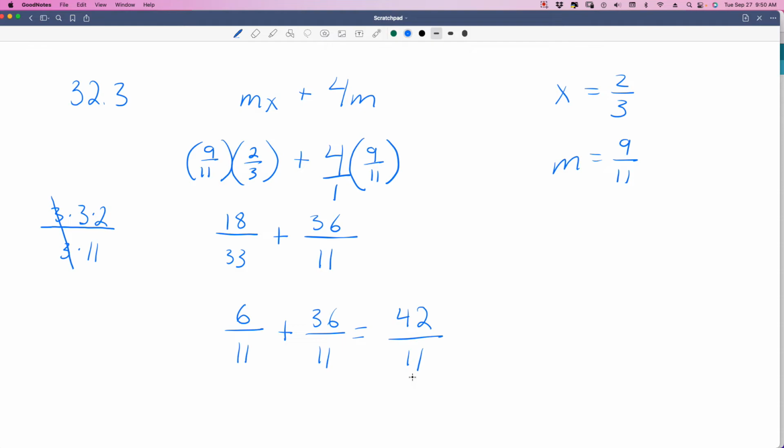And 42/11 is the answer that I prefer that you use. I prefer that you use an improper fraction. Okay? Sometimes your parent is going to say, oh, you need to put that in a mixed number. It's not finished. If your mama says that, then do what your mama says. The system will most likely take both.